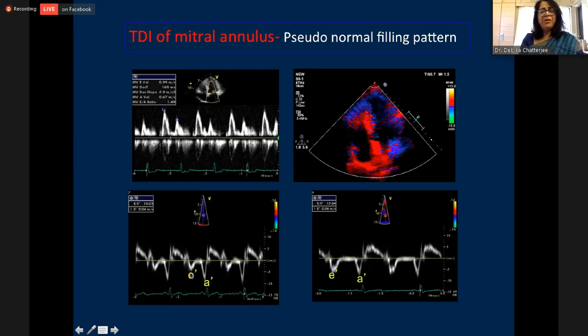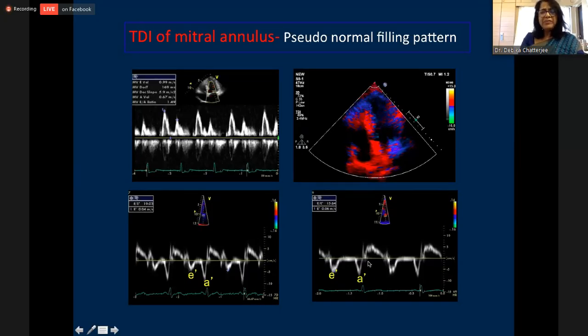E prime will be less than the A prime, showing that this is a pseudonormal pattern, because tissue Doppler velocity is giving the correct picture of E prime less than A prime, both at the septal and the lateral annulus.